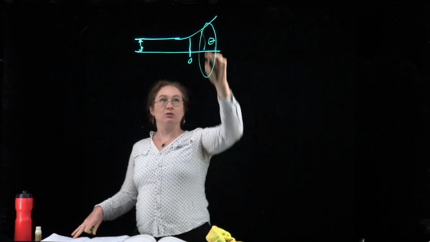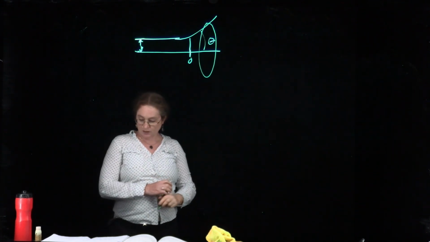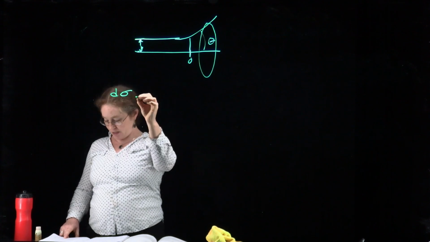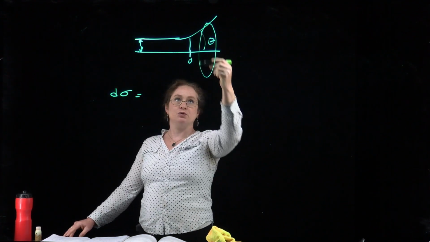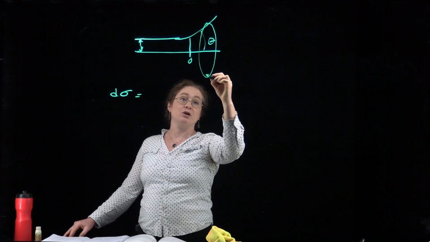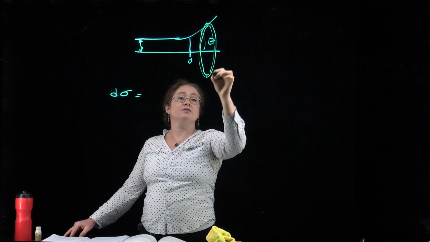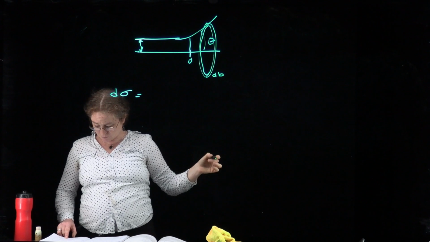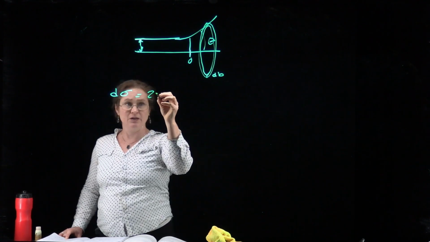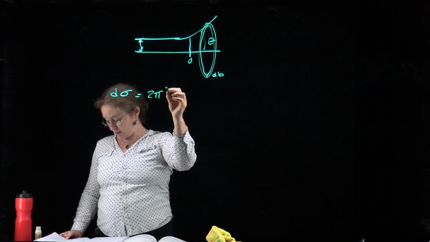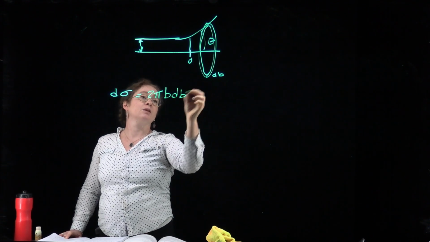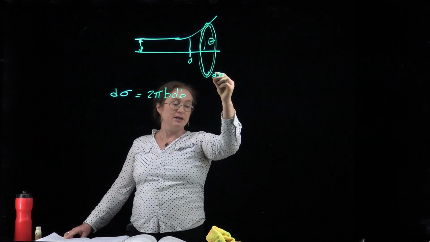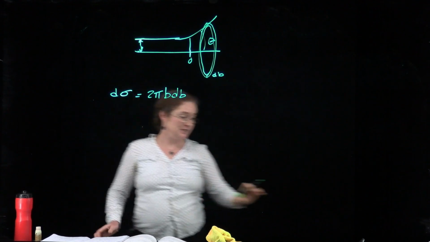Now, if we take a small ring or annulus, we can calculate the cross-section in that ring. Because it's azimuthally symmetric, we want the area, because remember a cross-section is an area, the area of that cross-section with a small width, dB, and that cross-section is going to be 2 pi b dB, where 2 pi times b is the circumference, and then we multiply by the width of that ring, dB.